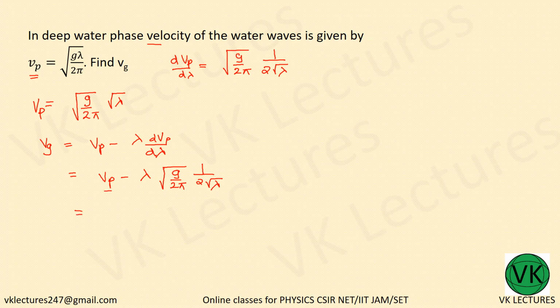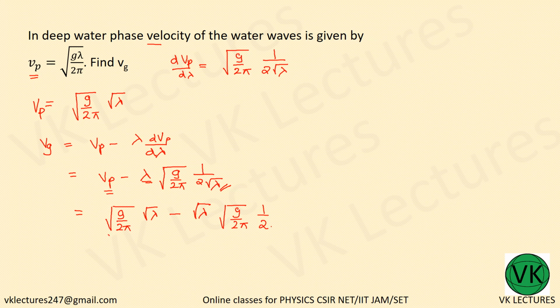So what is Vp? Vp you just substitute here, under root g divided by 2 pi into root lambda minus this lambda, root lambda, and this lambda can be reduced, that is the root of lambda into root of g divided by 2 pi into 1 by 2.